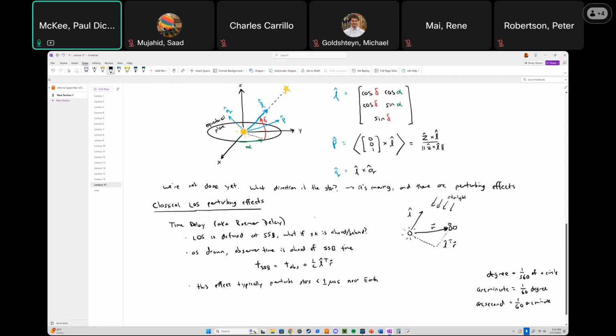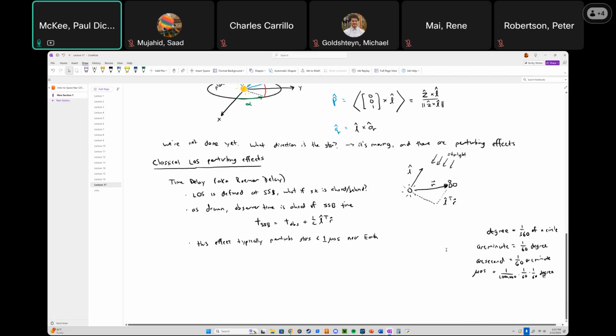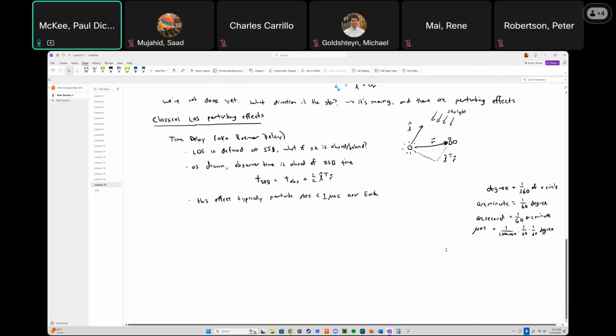And so a micro arc second is, let's see, 1 in a million of a 60th of a 60th of 1 degree. So milli, micro. Yep. 1/millionth of 1/3600th of 1 degree, which is small. So we can largely ignore our time delay, but you know, it's something to take into account depending on the level of precision that you're going for.